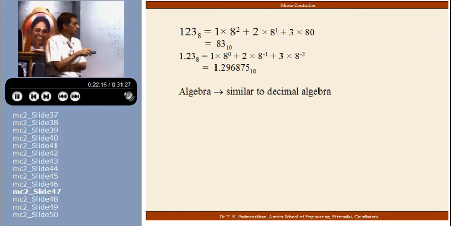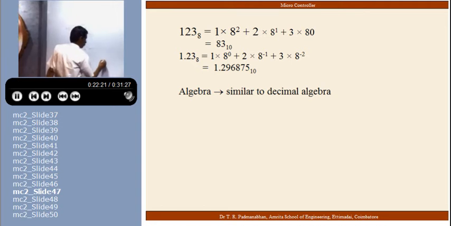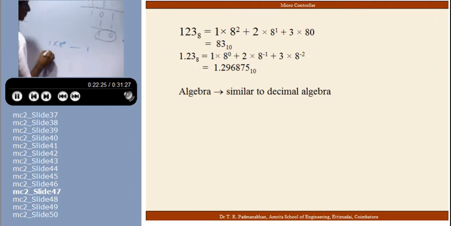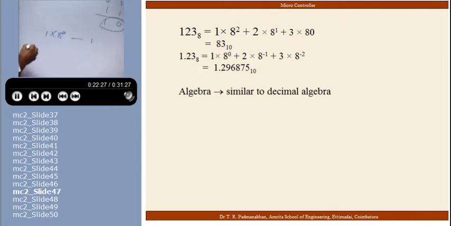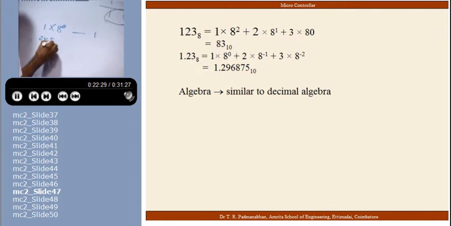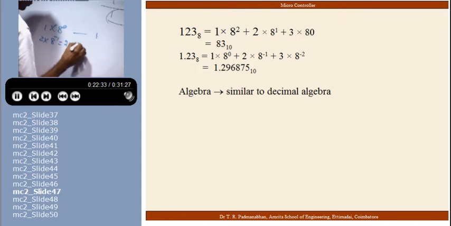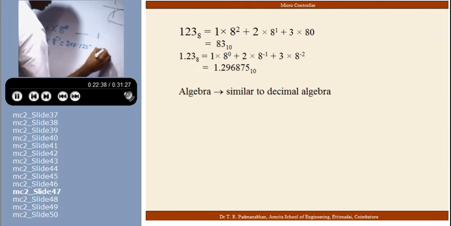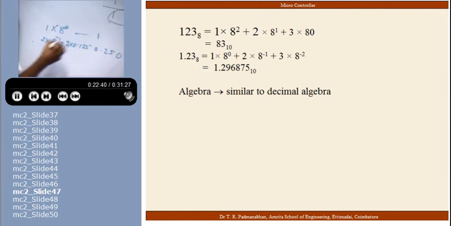Please understand the difference. 1 multiplied by 8 raised to 0 is 1, then 2 into 8 raised to minus 1 equals 2 multiplied by 0.125, that will give you 0.250.